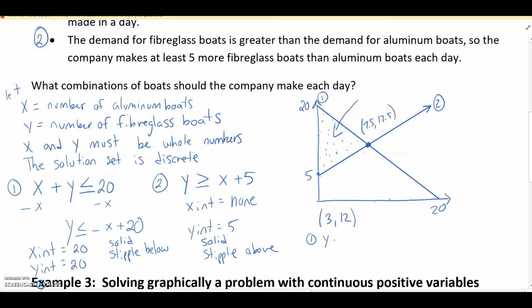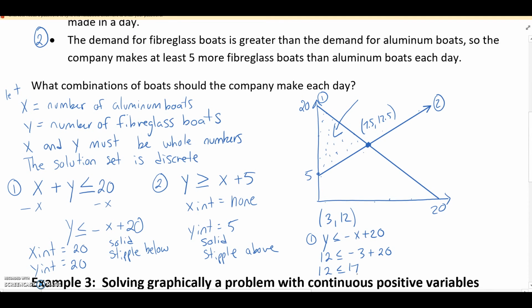Okay, so y is less than or equal to negative x plus 20. If I put that in there, 12 less than or equal to negative 3 plus 20. That would give me a 17 here.